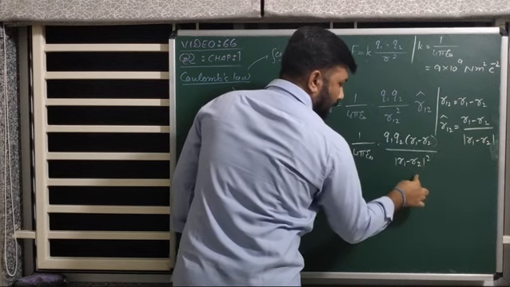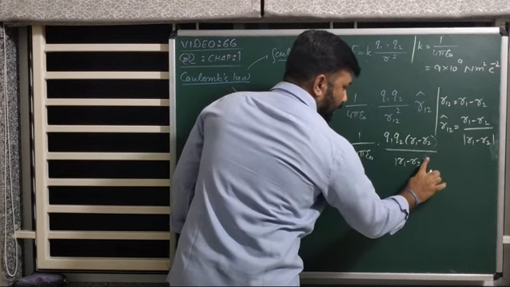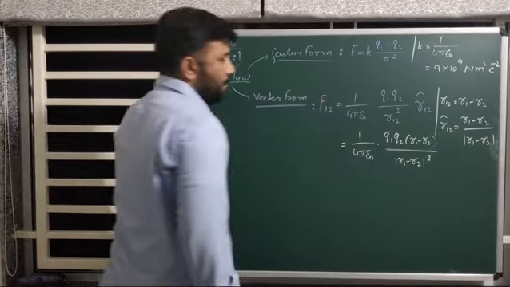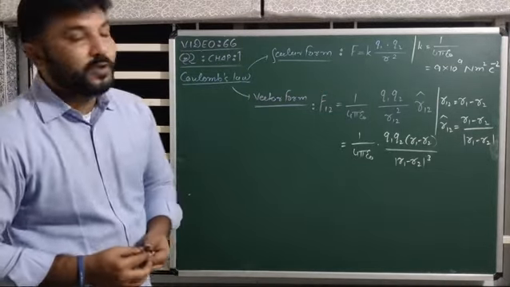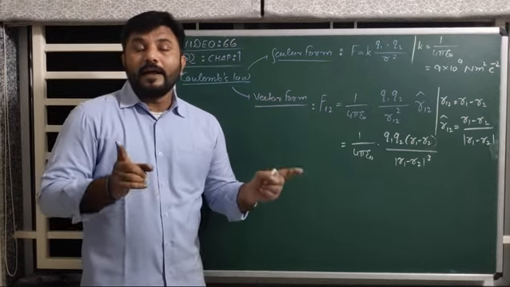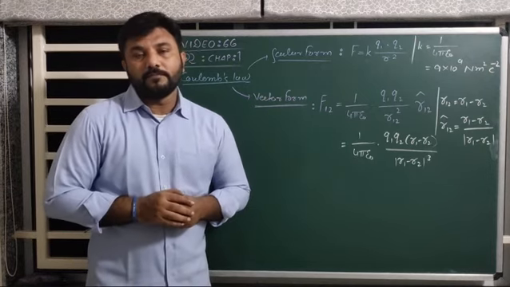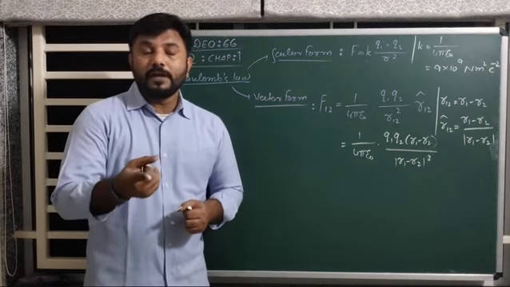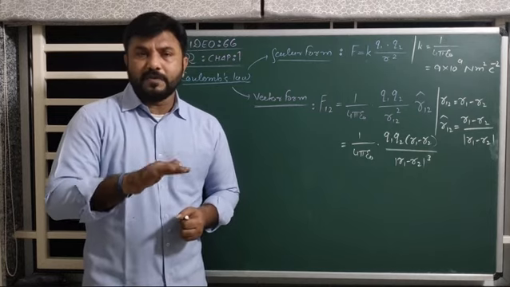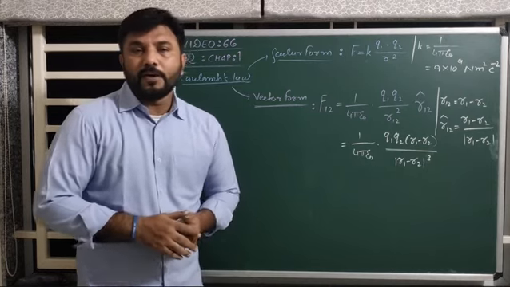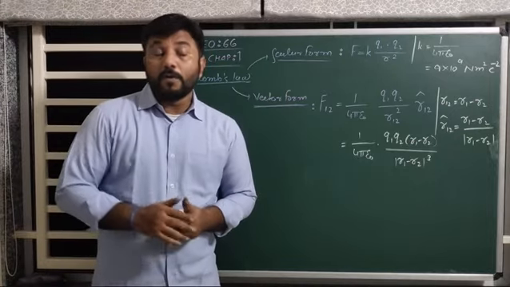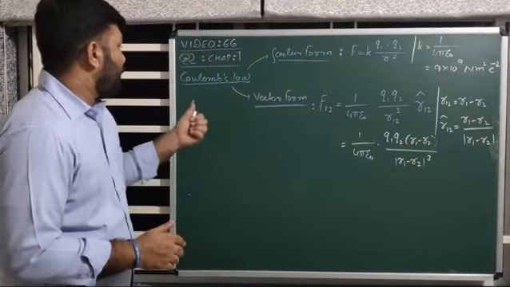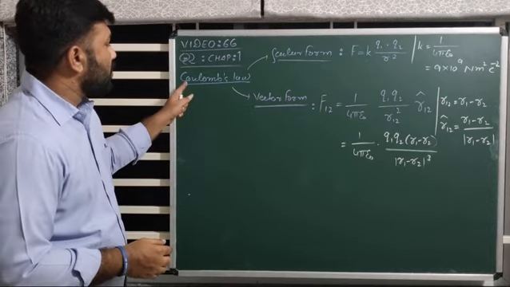For this again there is the same term, so it is R cube. Okay, so this is Coulomb's law in scalar form as well as vector form. What is Coulomb? It is a unit of charge. Now it is very easy. Few things we don't have to revise because it is now our routine. Clear? So this is about Coulomb's law.